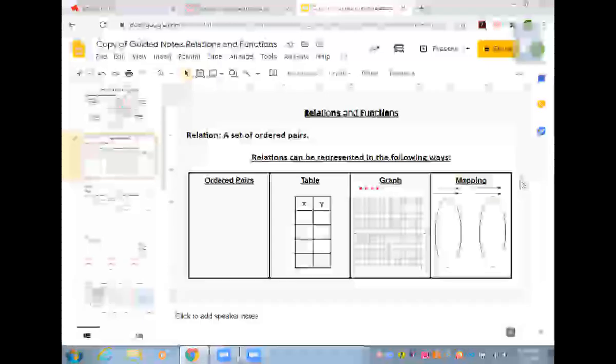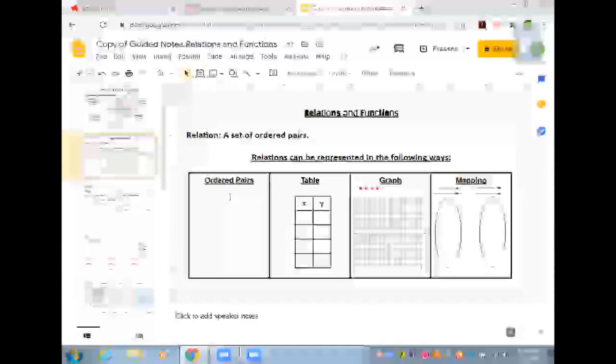Then we've got 4 ways in which we can represent a relation. They can give you the ordered pairs, they can put them in a table, they can put them on a graph, or they can create what we call a mapping.